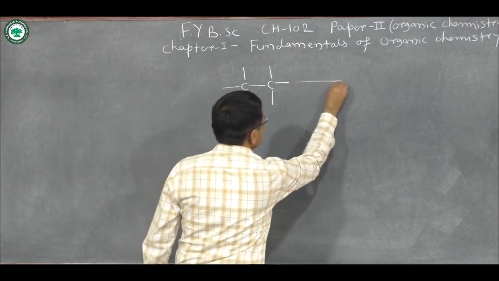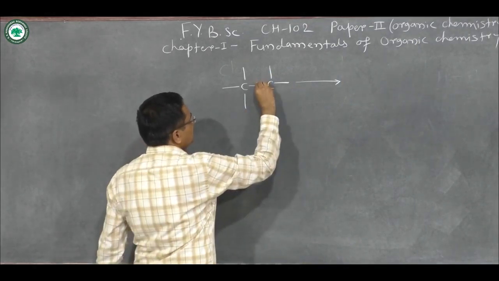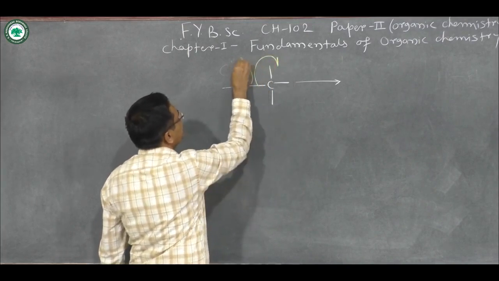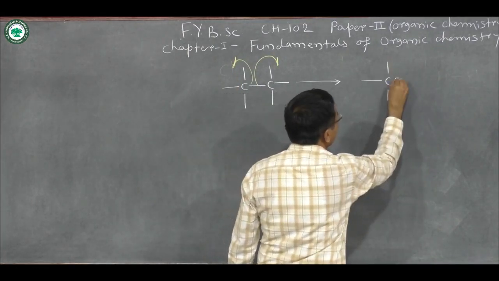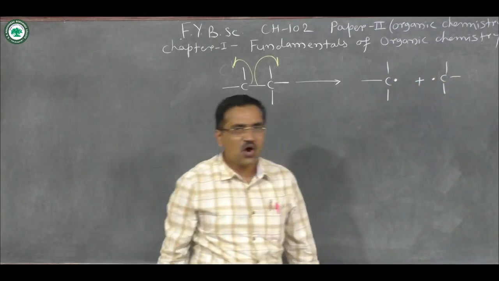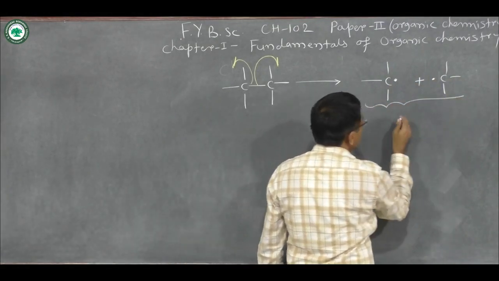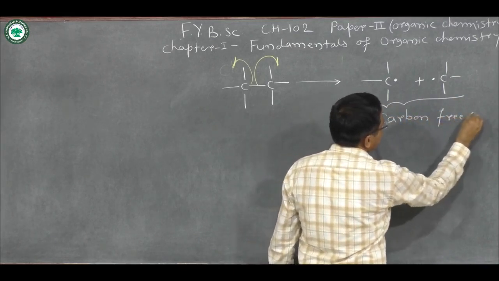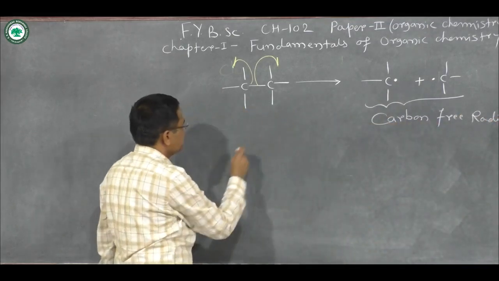Now here, suppose these electrons are equally distributed, then it forms carbon containing odd electron, and this is called as carbon free radical. Carbon free radical.